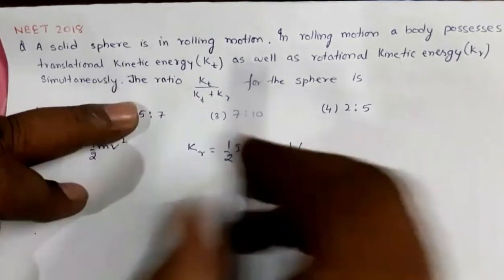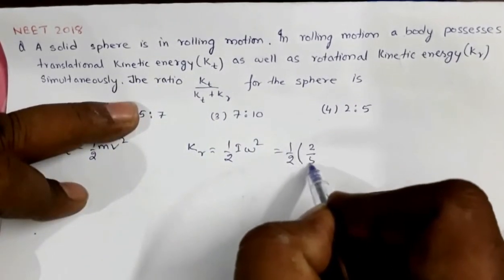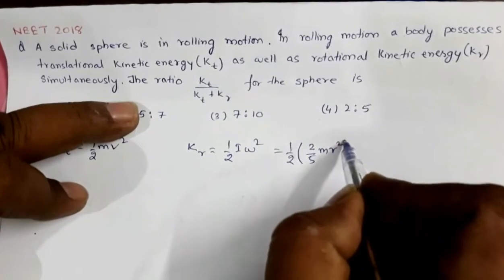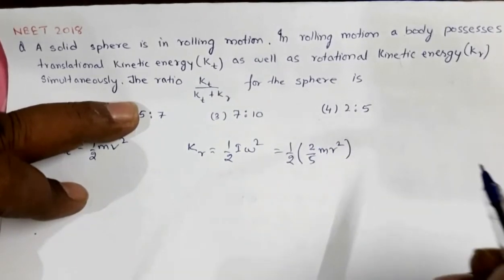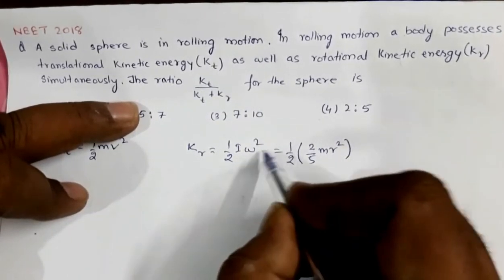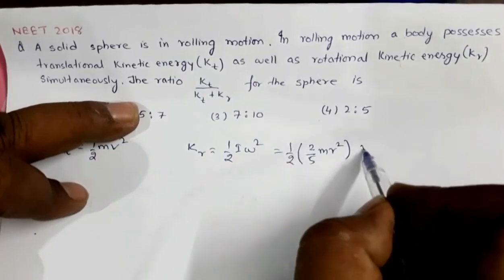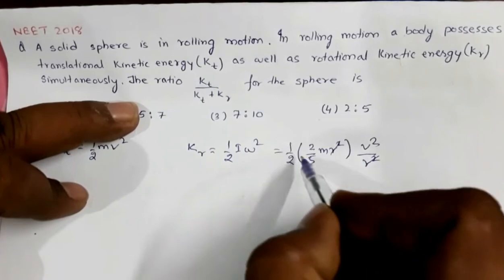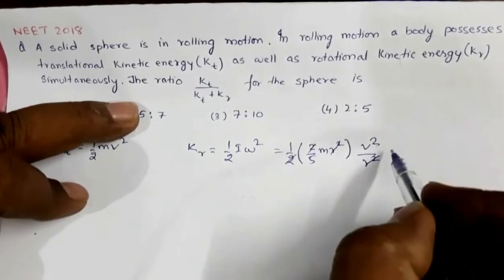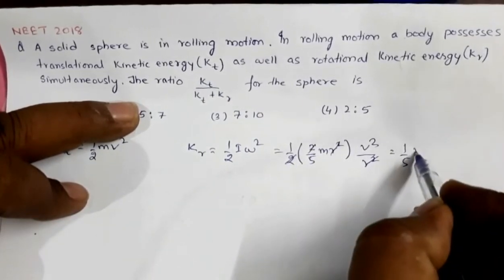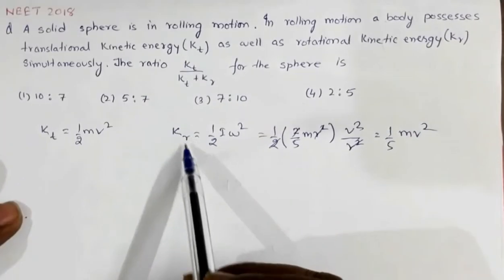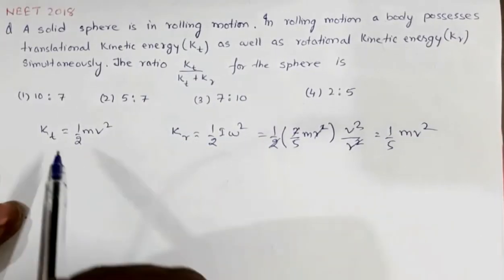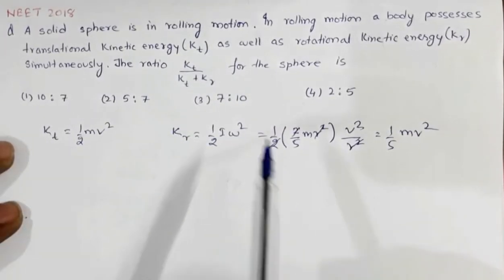The moment of inertia of a solid sphere is 2 by 5 m r square, m being the mass, r being the radius. Omega can be replaced by v by r, so omega square will be v square by r square. So r square cancels out, 2 cancels out, and we have 1 by 5 m v square. So rotational kinetic energy is 1 by 5 m v square and translational kinetic energy is half m v square.